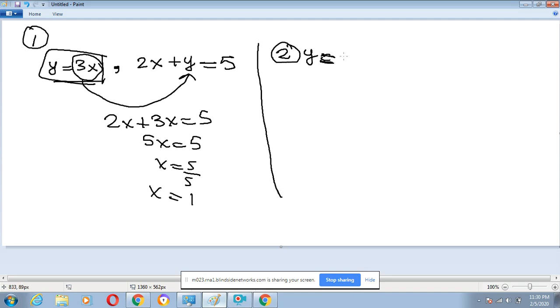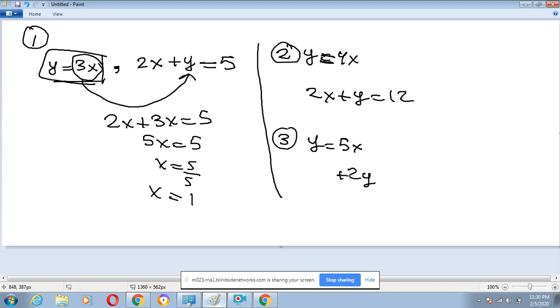Now y equals to 4x and 2x plus y equals to 12. Okay, you can solve this question.